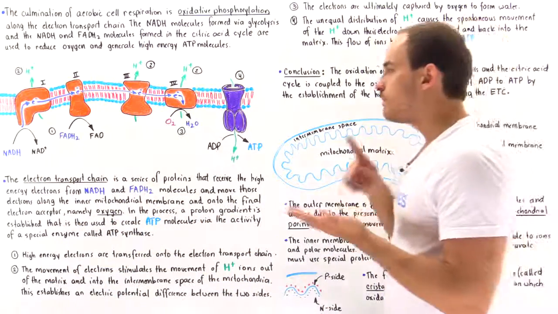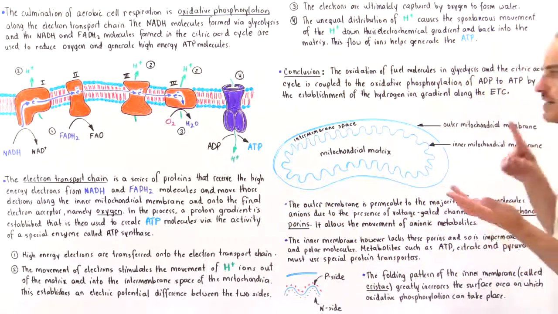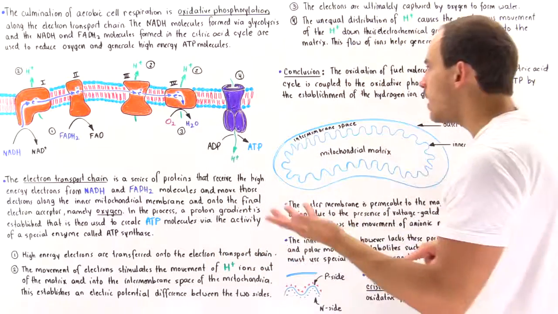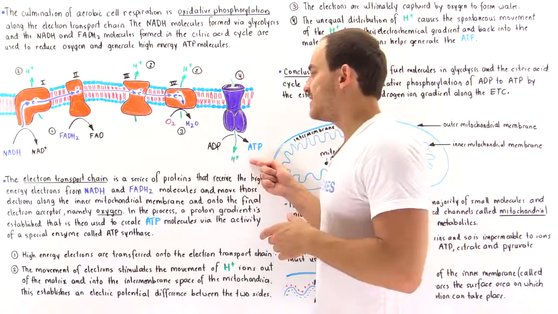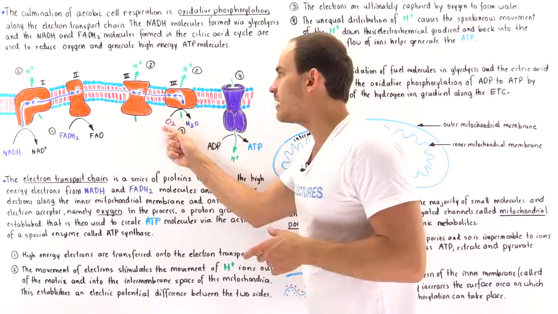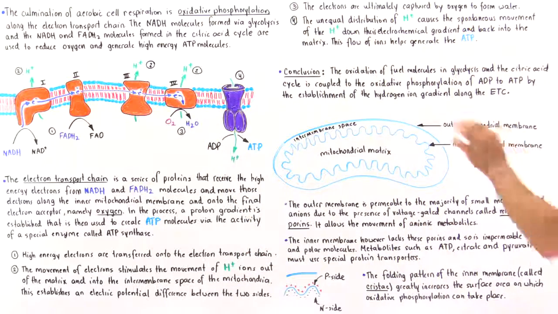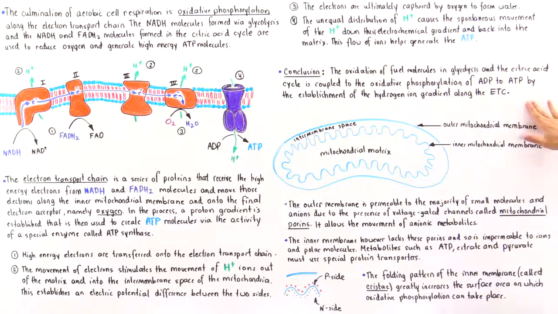So we conclude the following. The oxidation of the fuel molecules in glycolysis and the citric acid cycle is actually coupled to the oxidative phosphorylation of the ADP to ATP by using this oxygen in protein complex 4 by the establishment of this hydrogen ion gradient on the electron transport chain.